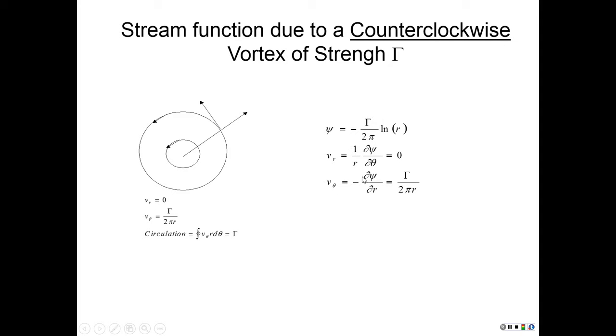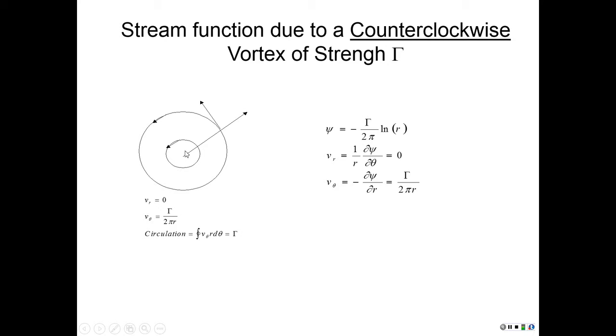So v theta is minus d psi dr according to those definitions, which is gamma over 2 pi r. If you now integrate this, you get minus gamma over 2 pi times the logarithm of r. So this is the stream function for a single vortex.